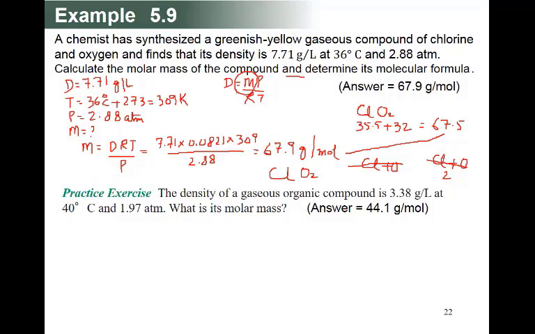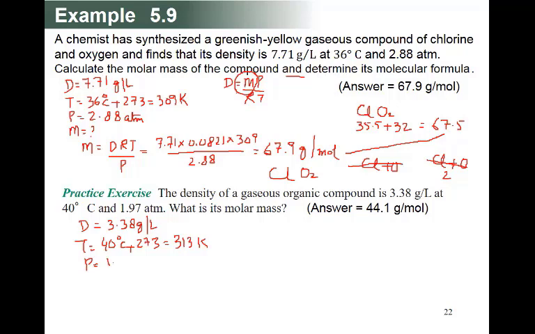Now in this next question, again the density is given. The density is 3.38 gram per liter, temperature is 40 Celsius plus 273, which is equal to 313, and pressure is 1.97.